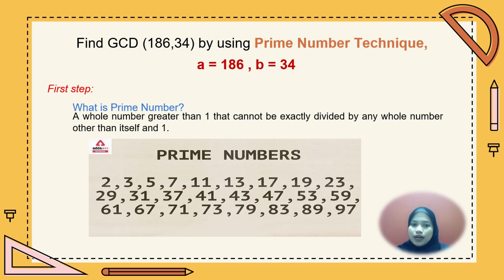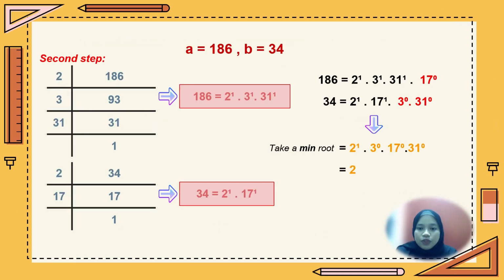What is a prime number? A prime number is a whole number greater than 1 that cannot be exactly divided by any whole number other than itself and 1. Examples are 2, 3, 5, 7, 11, and so on. After we know what a prime number is, we can solve this question.